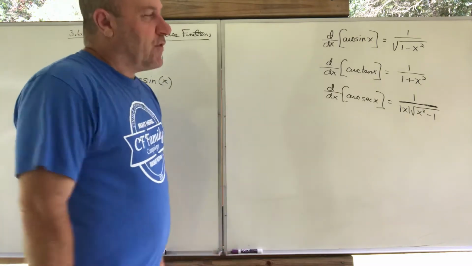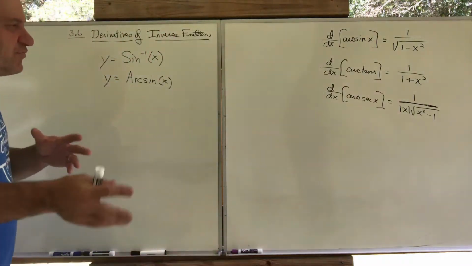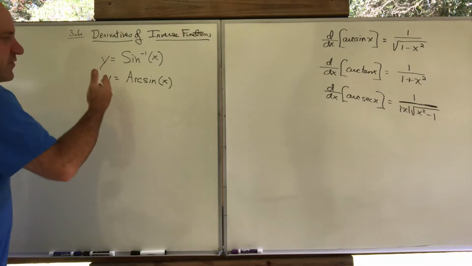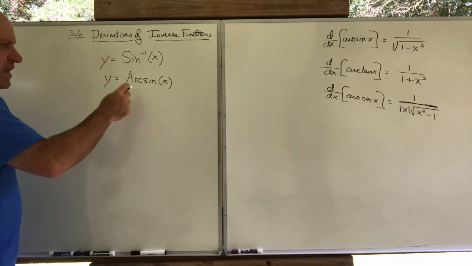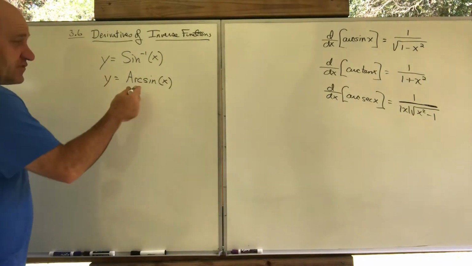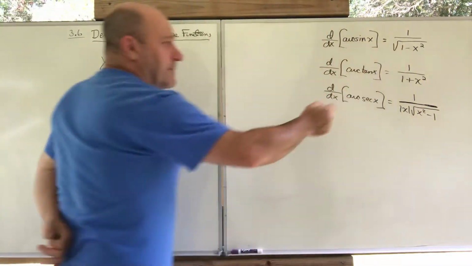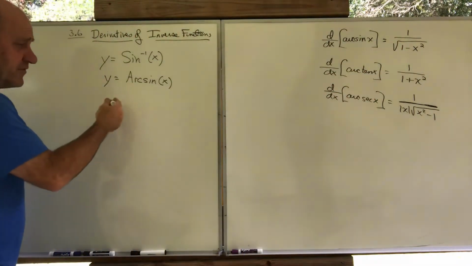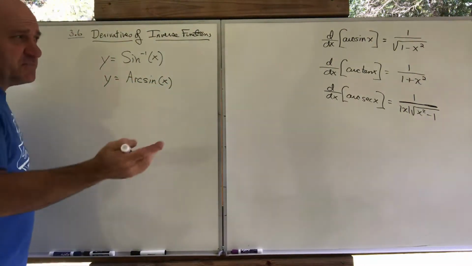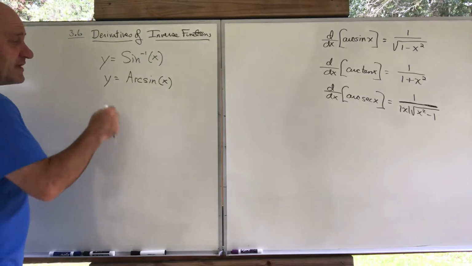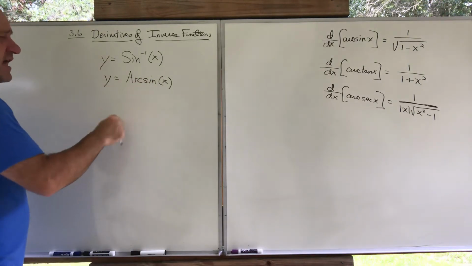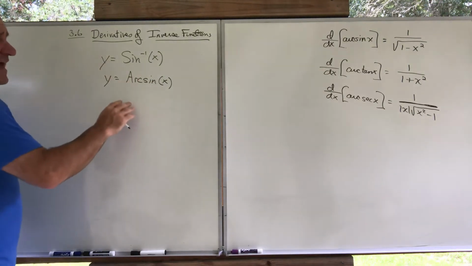So 3 new rules, and let's just prove one of these for you. If you have y equals the arc sine of x, its derivative will be this answer. I mean, if I say y prime, the derivative is that answer. But let's prove it. The way to derive this is to rewrite this as what it says.